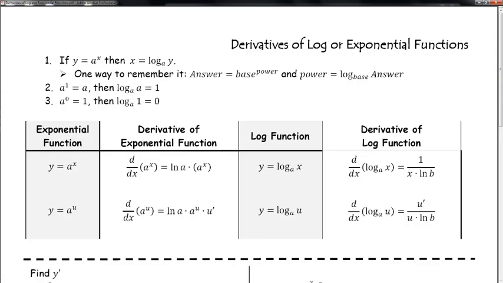If y is equal to a to the x, then x is equal to log base a of y. So if you want to think about it, if I have my answer, which is y, then my answer is equal to some sort of base raised to a power. Then the log is going to be my power: my power is equal to log base a of my answer.